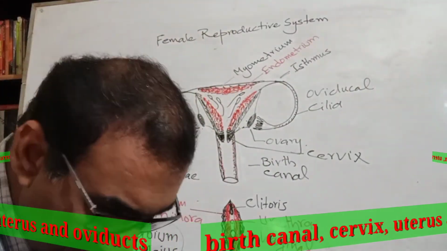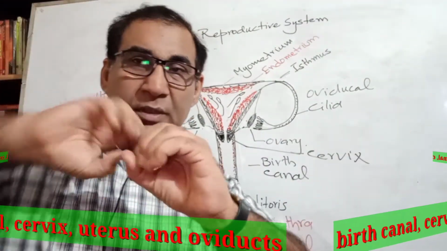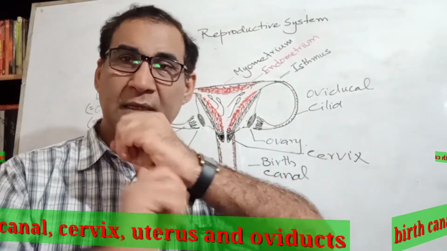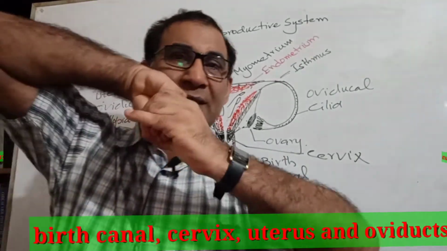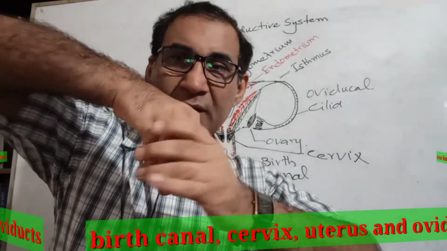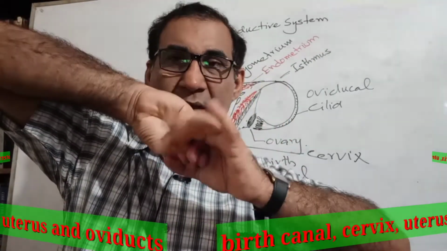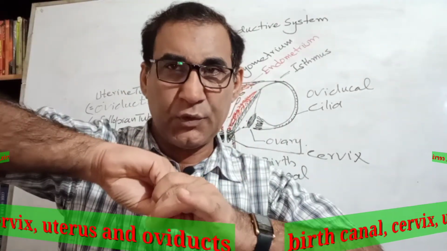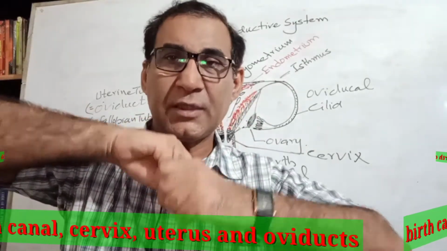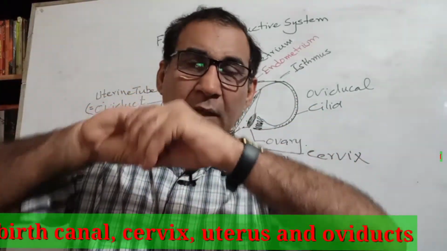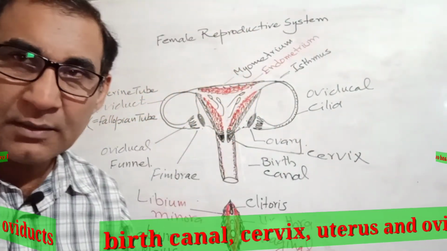Suppose this is the tube of the vagina, and suppose this is the uterus. Then this structure would be the neck of the uterus, and this neck is known as the cervix.